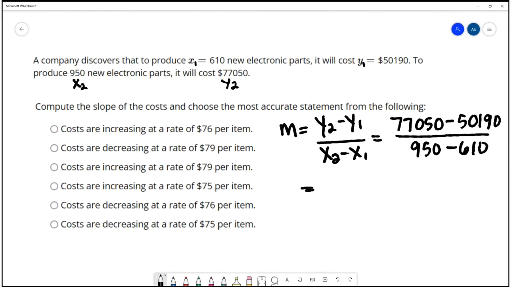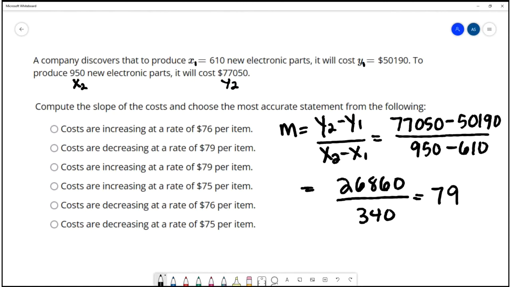So $77,050 minus $50,190 is $26,860 over 950 minus 610, that's 340. 26,860 divided by 340 is 79.